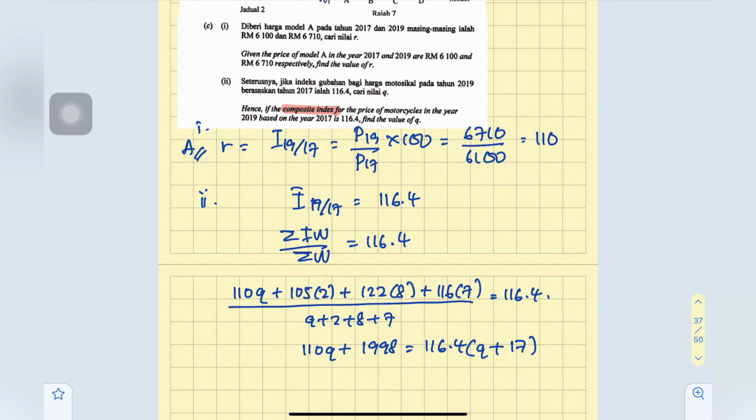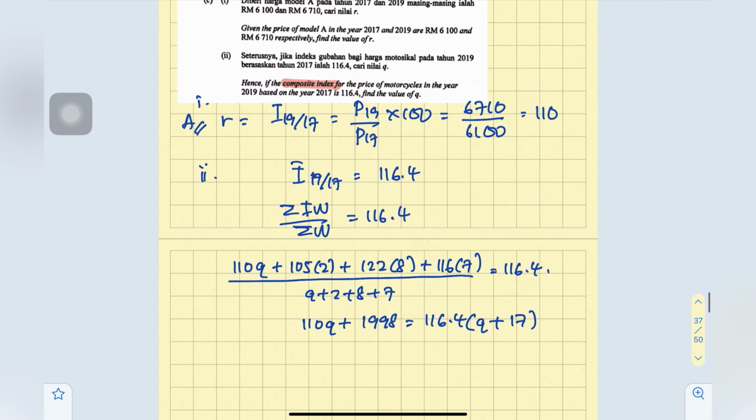Okay, so kita selesaikan. Selesaikanlah, panjang juga dia punya jalan kira ni. Tapi pengiraan biasa. Okay, so this one 110Q plus 1998 equals to 116.4Q plus 1978.8.